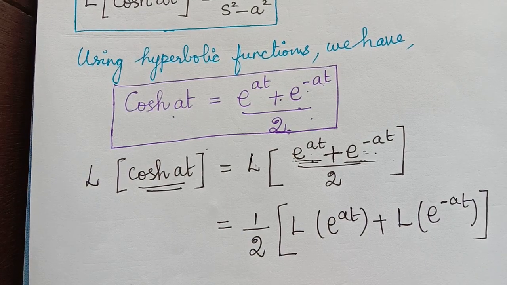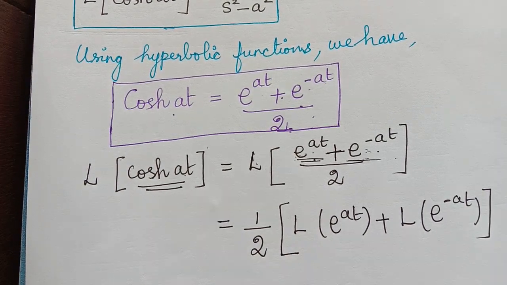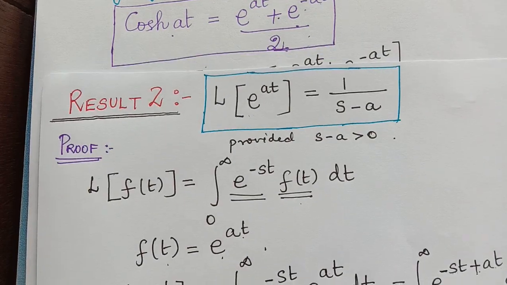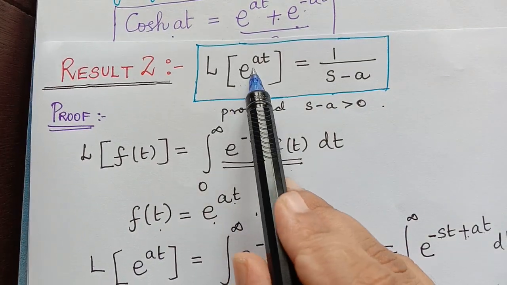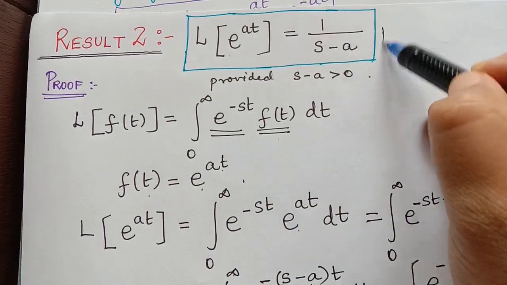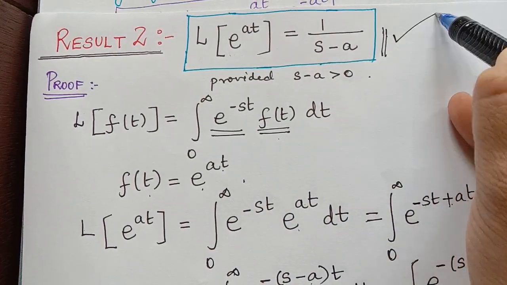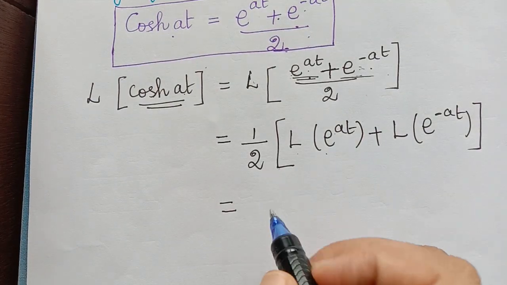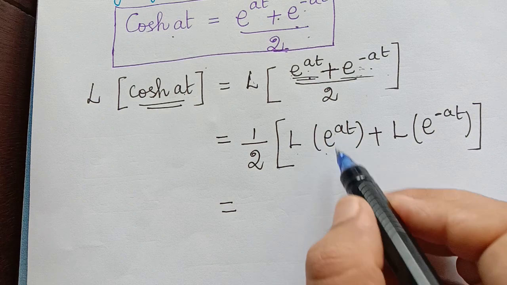And that is equal to, previously from result 2, we have obtained that Laplace transform of e to the power at is equal to 1 by s minus a. So we shall substitute this. So L of e to the power at will be 1 by s minus a.